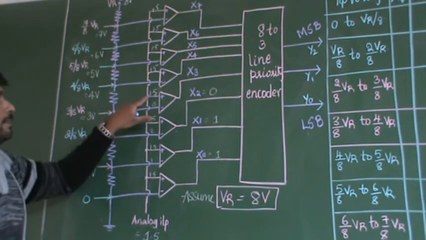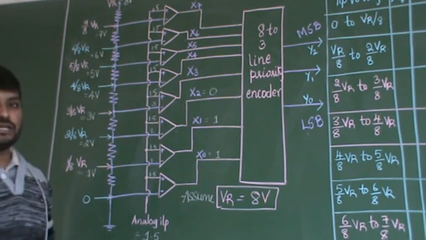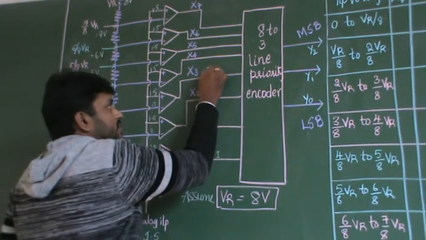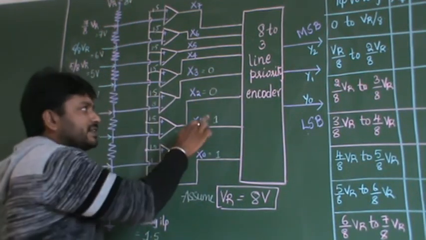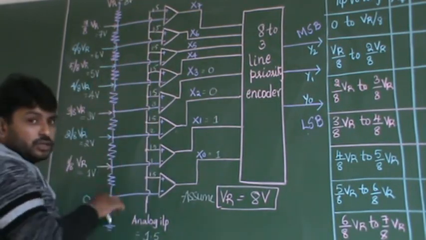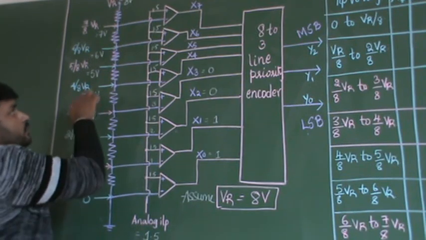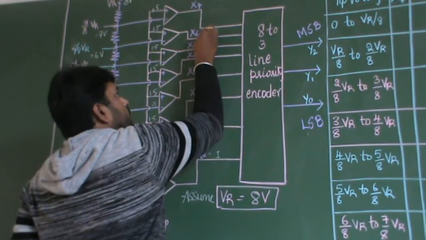Again I am comparing 1.5 and 3. The negative terminal is more than the positive terminal, so this output is also 0. Likewise, as it grows upward, once it comes to 0, the rest will obviously be 0 itself. You can try out by substituting these values here. So the rest of the values will be equal to 0.